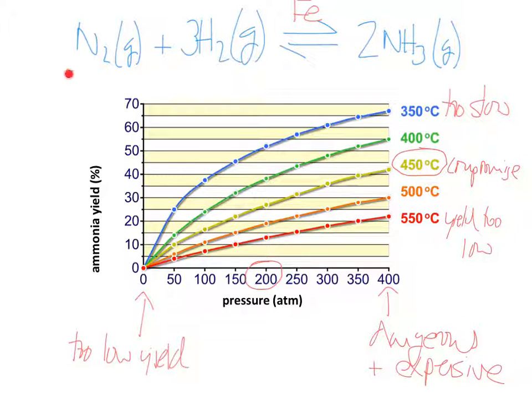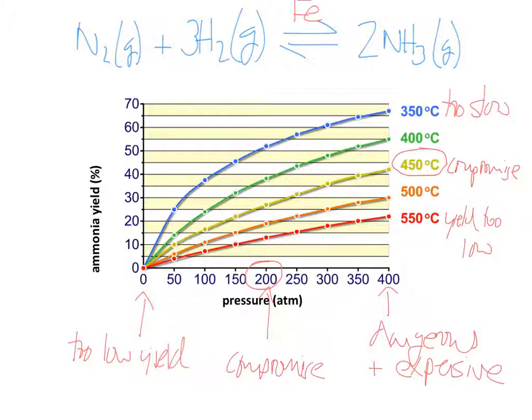And in this reaction, that's the left-hand side. On the left-hand side, we have 4 molecules. On the right-hand side, we have 2. So, if we lower the pressure, it shifts, in this case, to the left because that has the more gaseous molecules. So, 200 atmospheres is a compromise pressure.